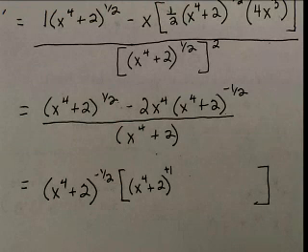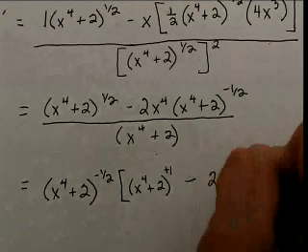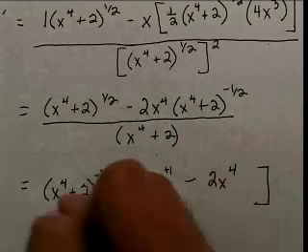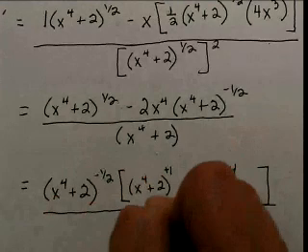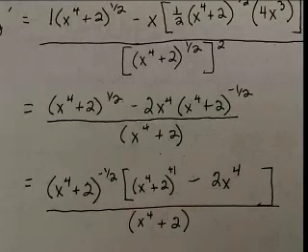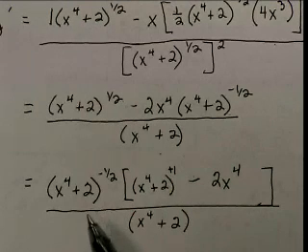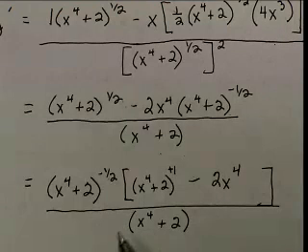What's left of the second term? Just the negative 2x to the 4th. Still over the denominator. Which doesn't really need parentheses, but I like them because I'm going to bring this x to the 4th plus 2 to the 1/2 to the denominator. And when I do and add the exponents, I'll have a positive 1/2 plus 1.